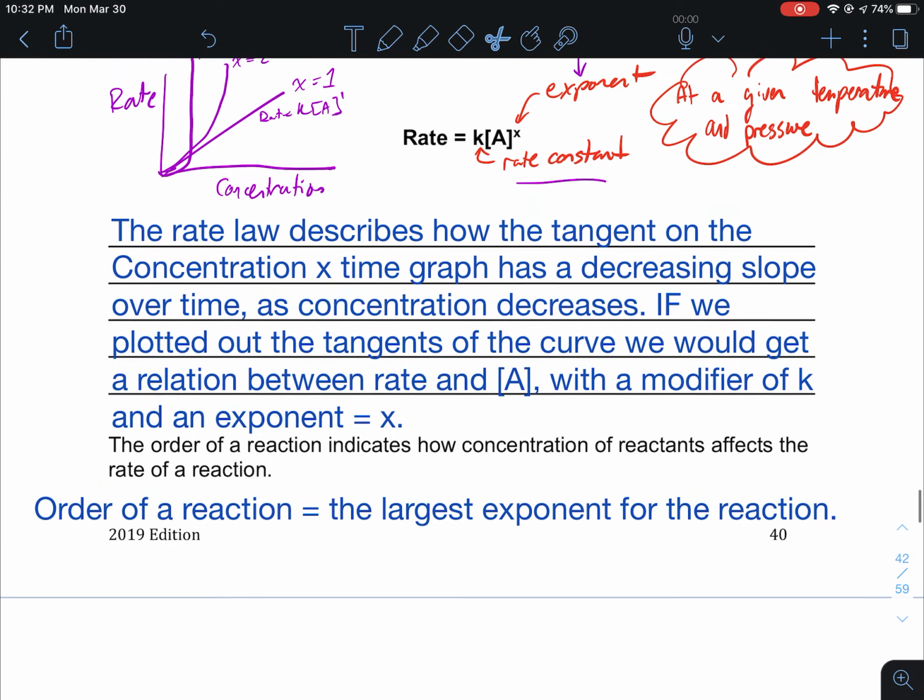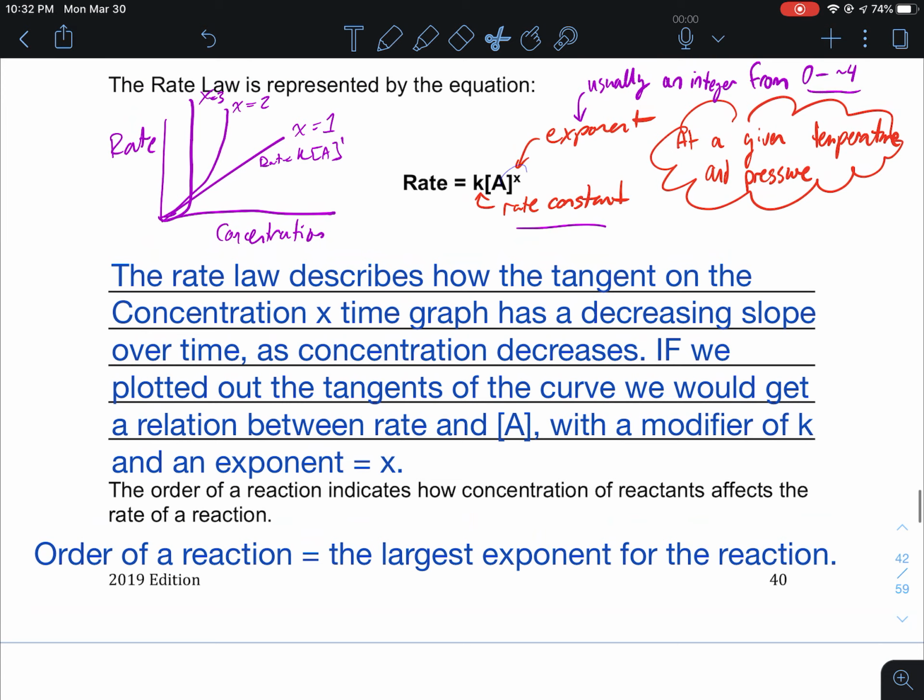The order of a reaction, therefore, is this value up here in the corner. It is the exponent.